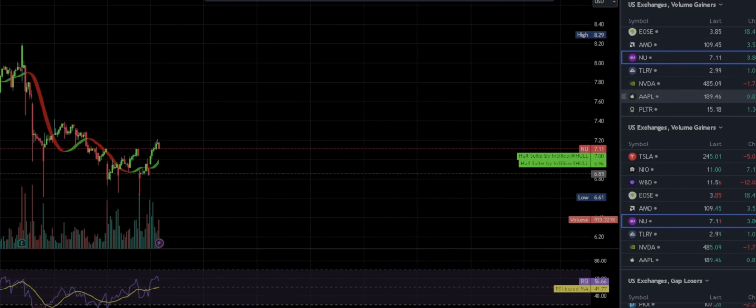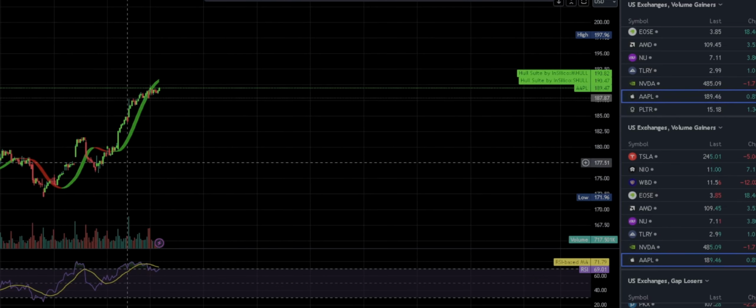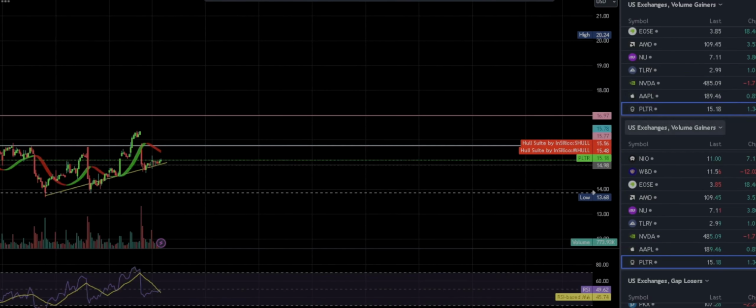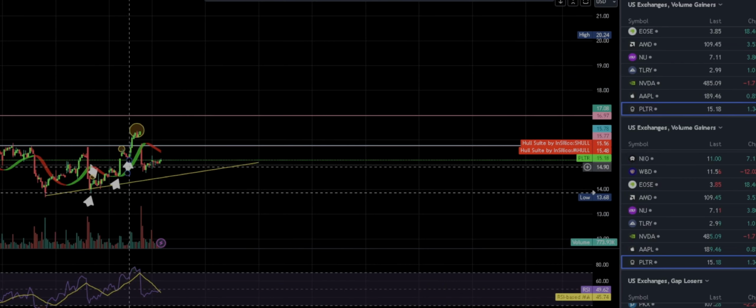I'm just going with what was running last trading day. Same thing, Nvidia, pretty much a little bit choppy, but still you are in a good trade. Apple would have been a perfect trade. PLTR would have been a few trades, but you'd still be profitable, and it's holding a trend line.